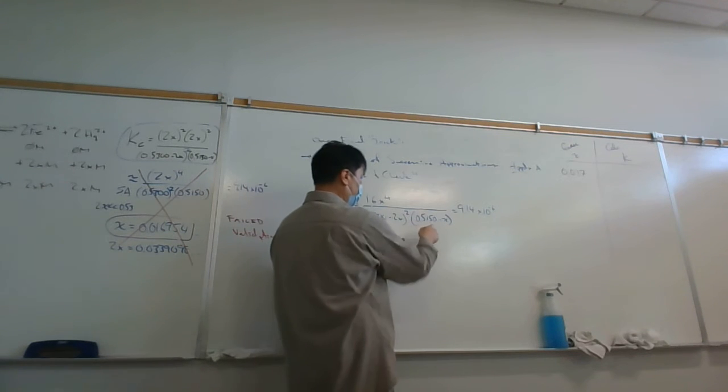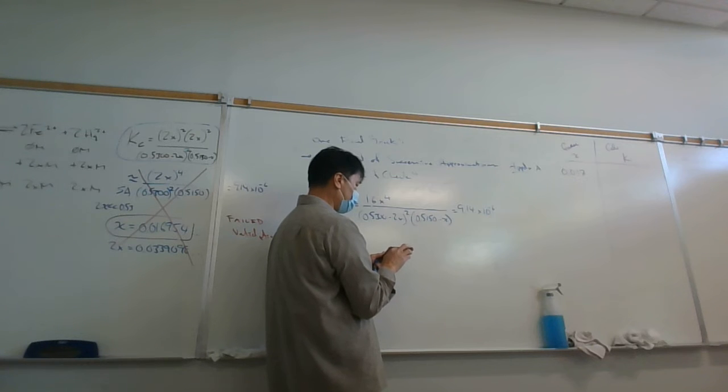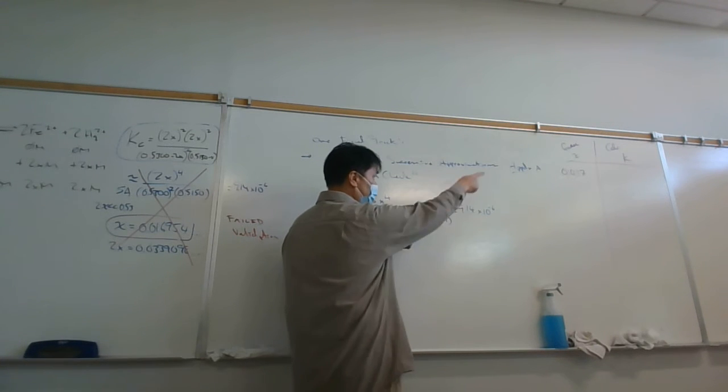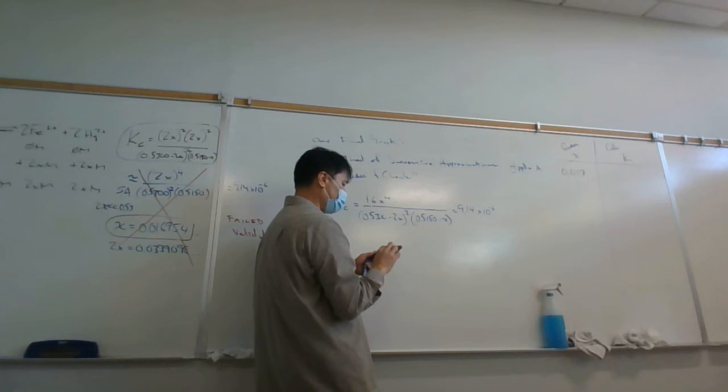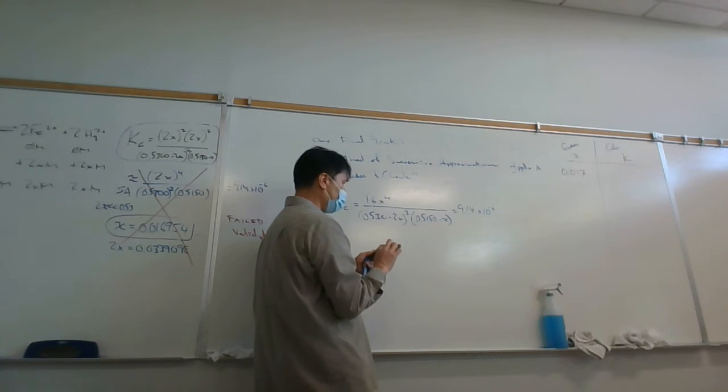Then divided by parentheses 0.515 minus 0.017. Oops, screwed that one up. 0.017, close parentheses, equals.